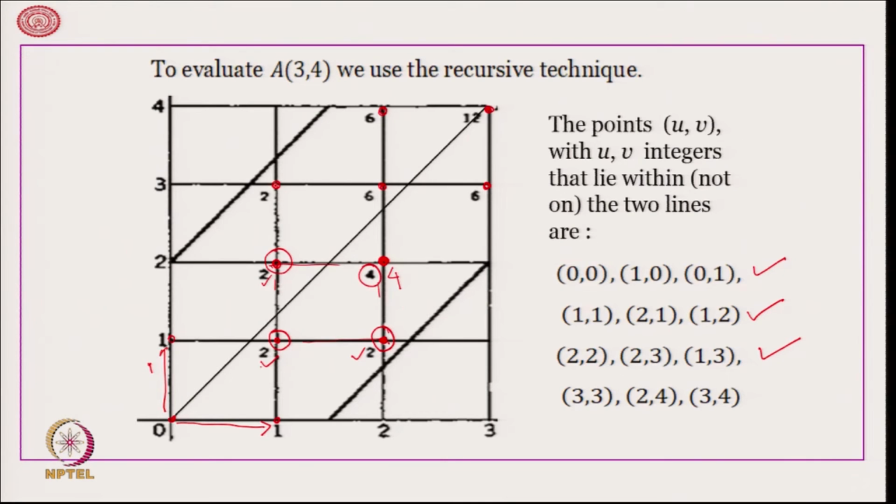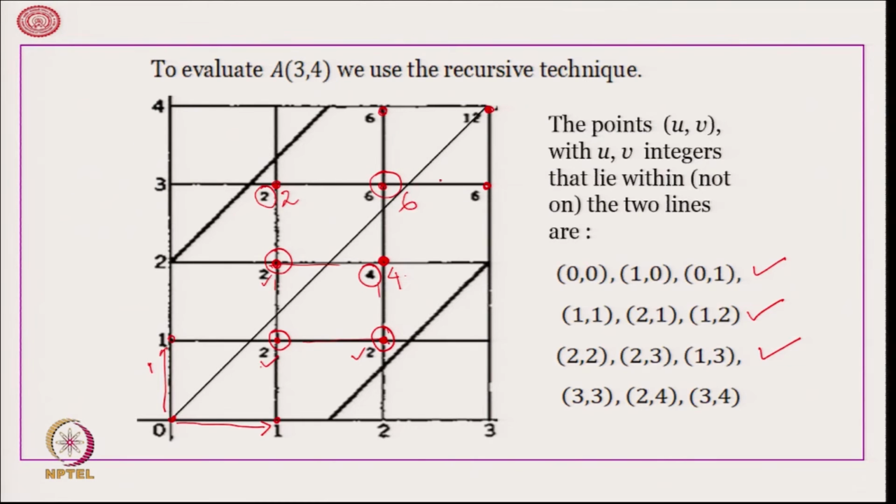Now, we can reach this point only in one way from this point. Therefore, number of paths to this point is still 2, and here we have already calculated this number to be 4. Therefore, total number of paths to this point is 6.